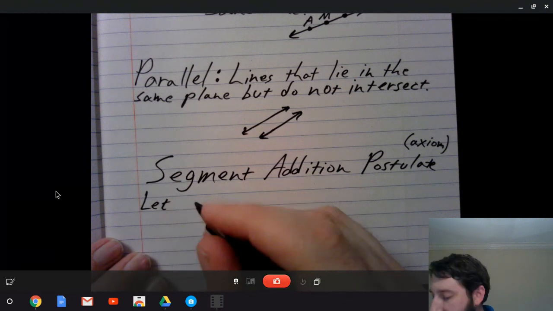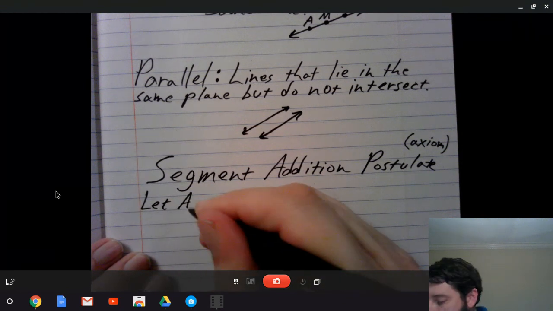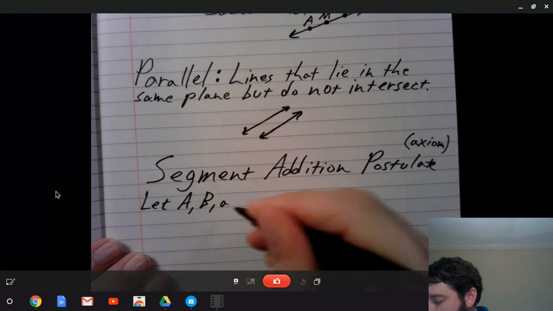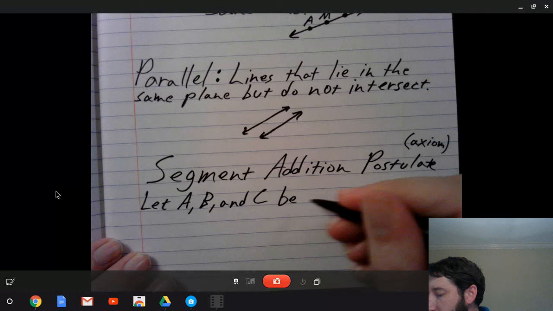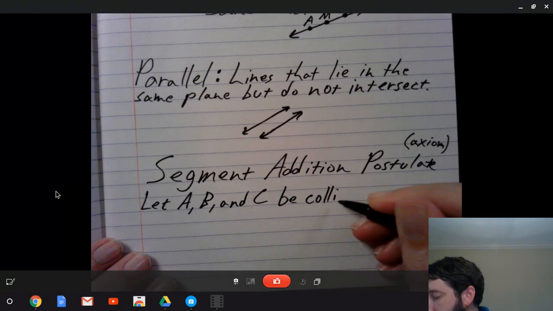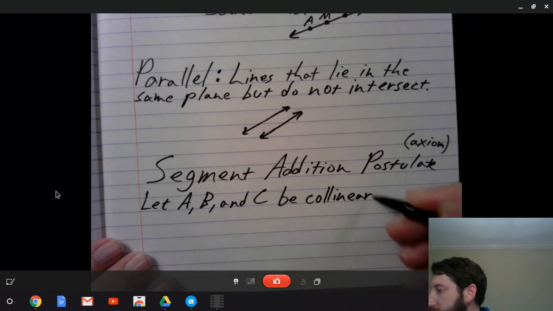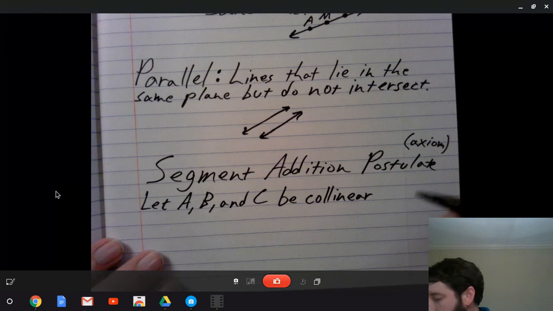All right, so segment addition postulate. We'll use A, B, C. Let A, B, and C be collinear, because we know what that word means now, don't we? Collinear. So these are collinear points.